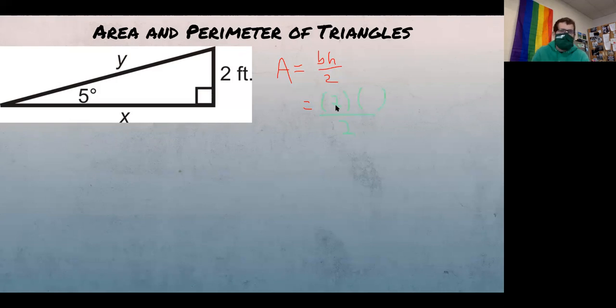Okay. We know the height is 2. The other dimension, x, we don't know, that's what we need to solve for, and then we're going to divide that by 2. So now the question is, how do we solve for x?